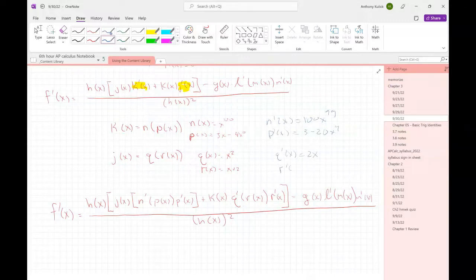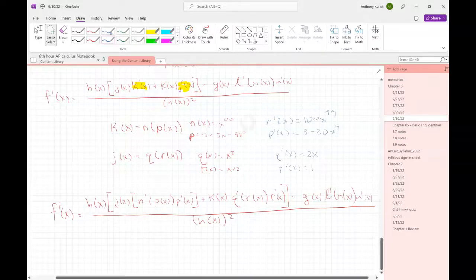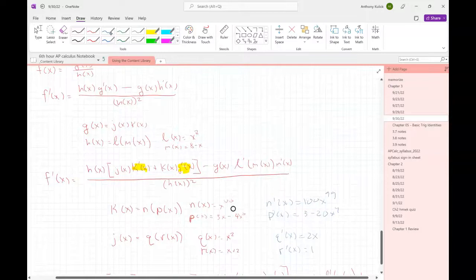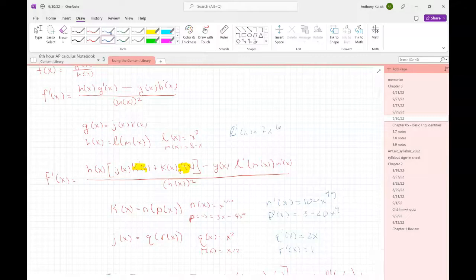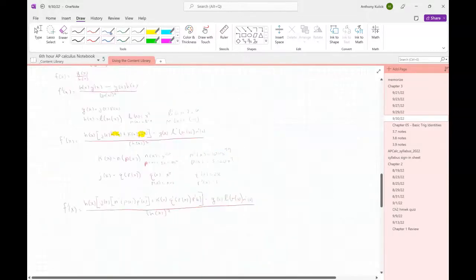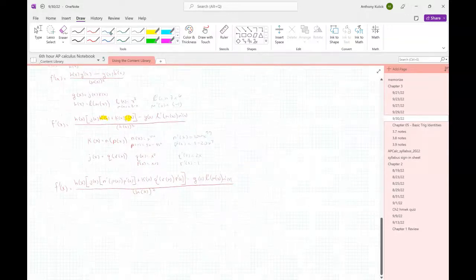The derivative of r of x, 1. Going back up here, the derivative of L of x is 7x to the 6th, and the derivative of m of x is negative 1. So now we just need to plug things back in, and we are going to be done.